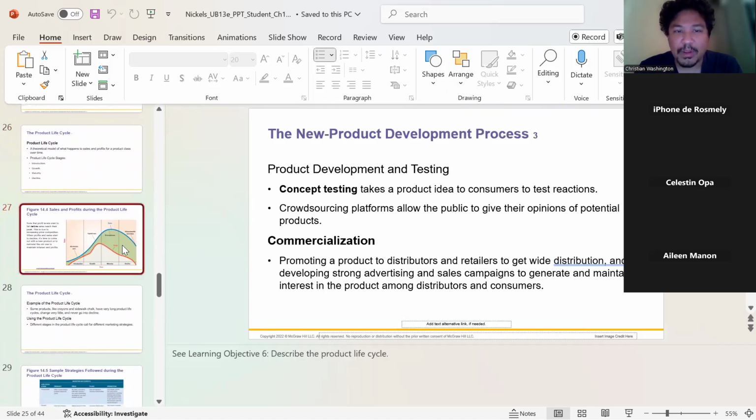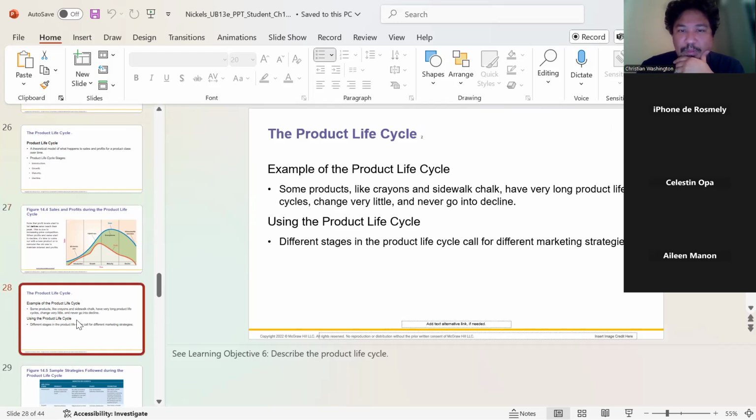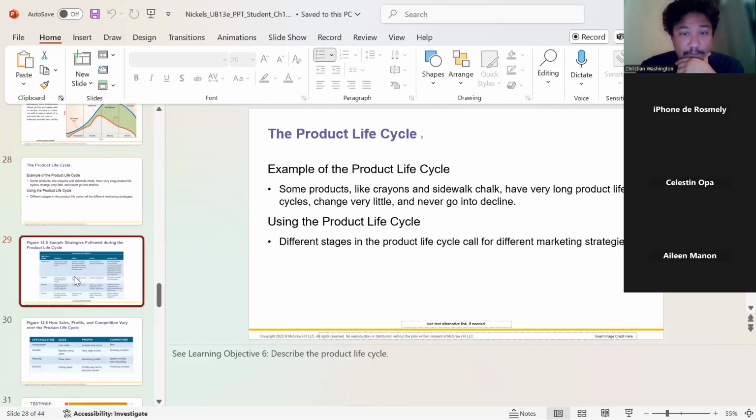Here's a visual example showing you how the product life cycle of certain things kind of peaks and ebbs down, which is why companies need to innovate, create new products, create new services, because of the stagnation of the product life cycle.